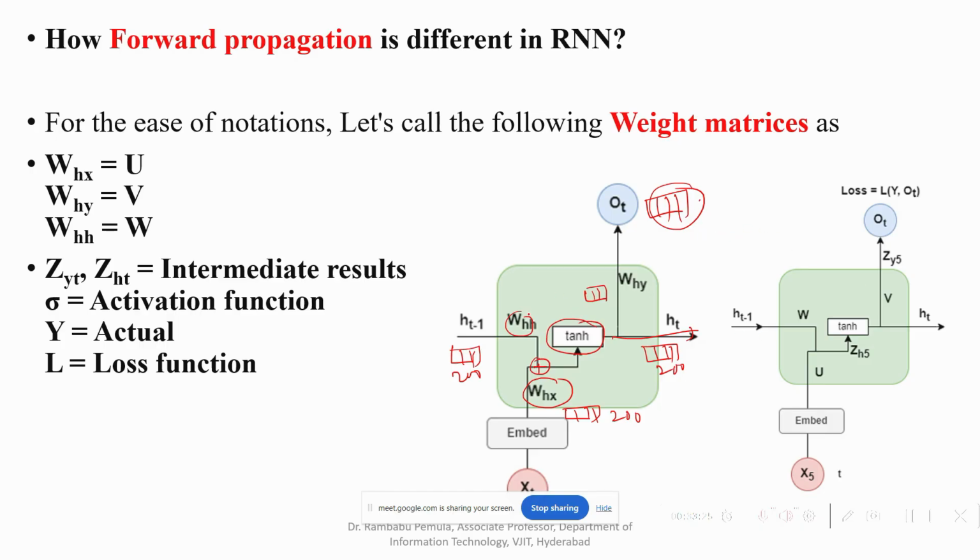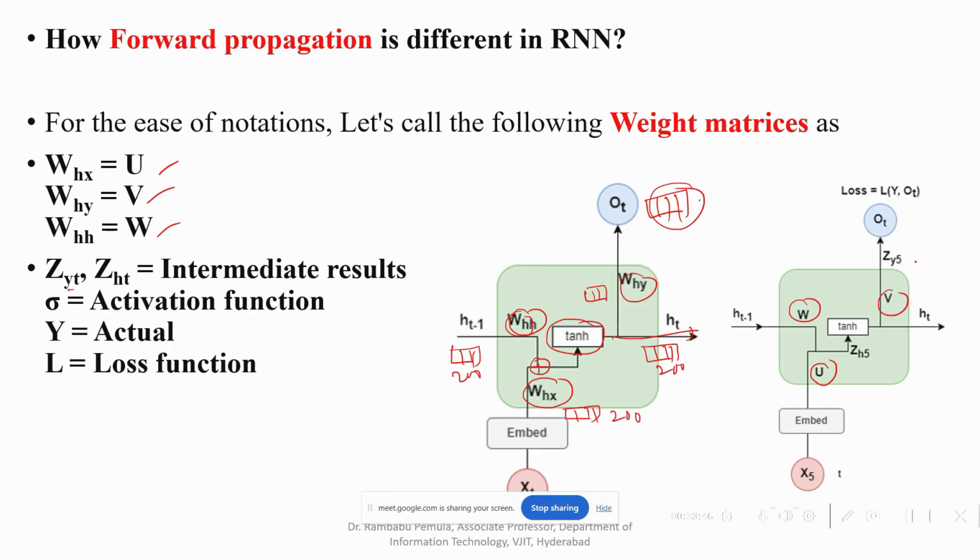So here WHX, WHH and WHY are represented as U, W and V. WHX is nothing but U and WHY is nothing but V. WHH is called W. ZYT and ZHT are your intermediate results.